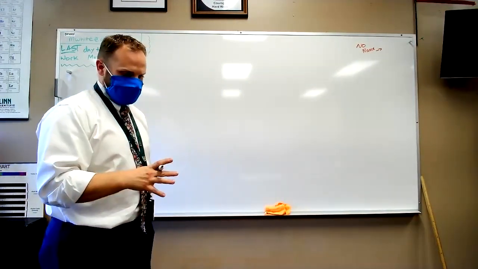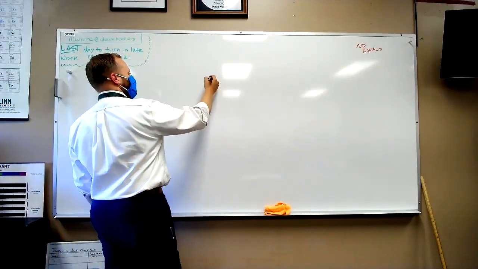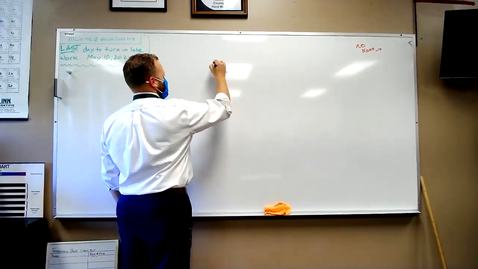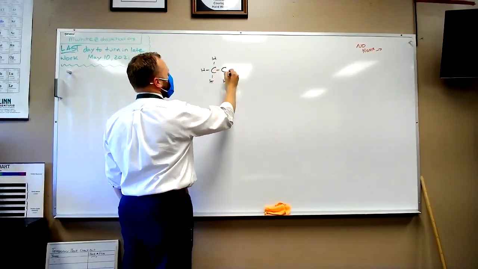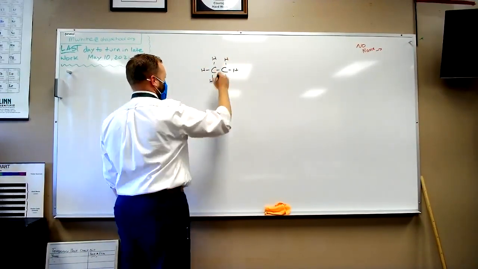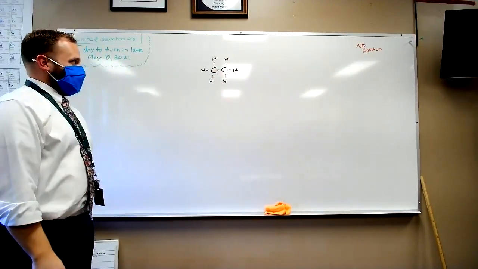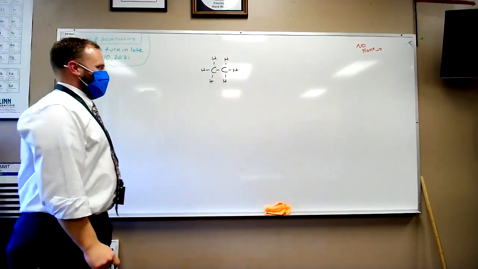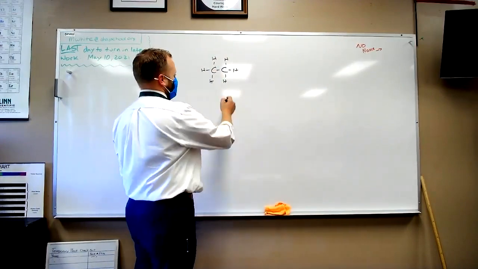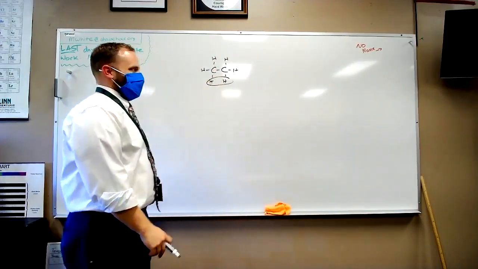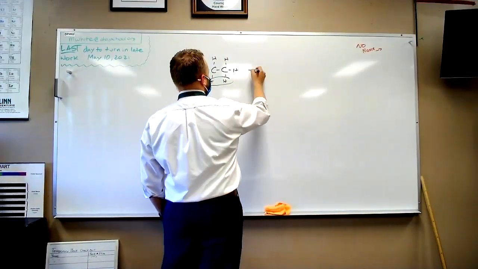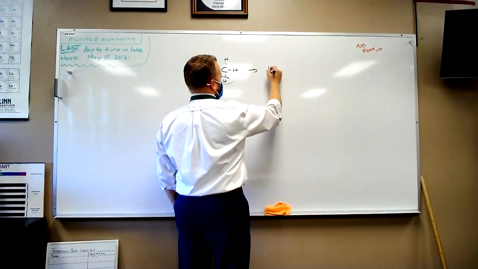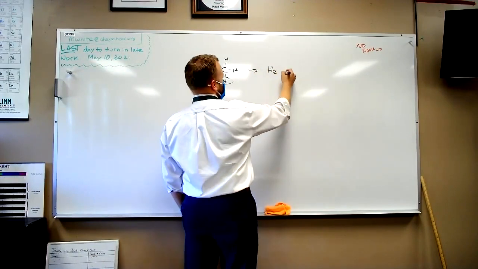The first example, so if we have ethane here, what we can do is get rid of that hydrogen. So we're going to have hydrogen gas.